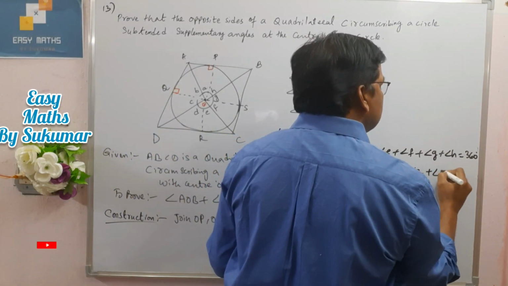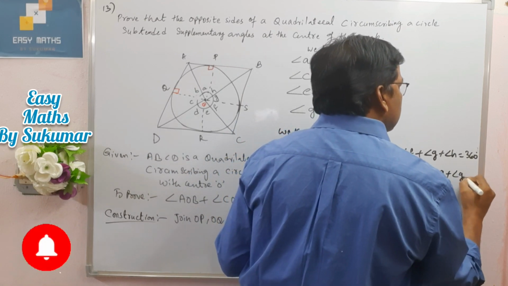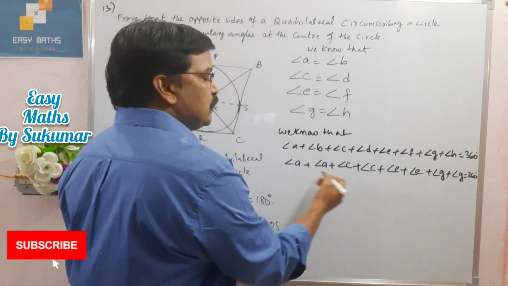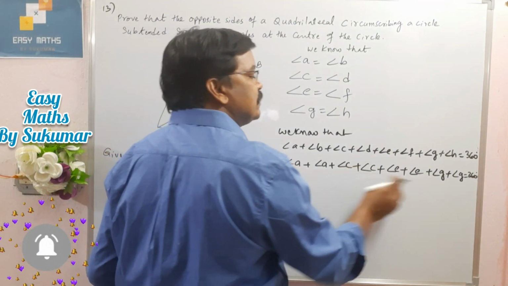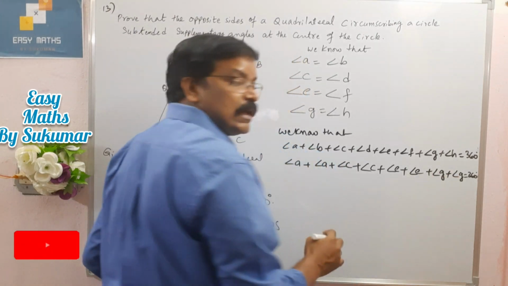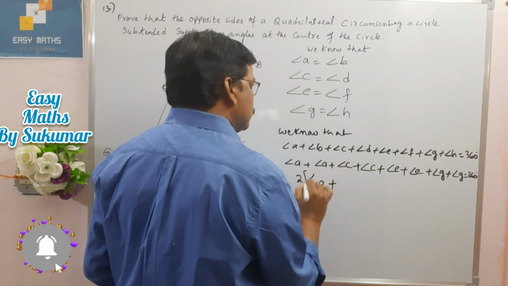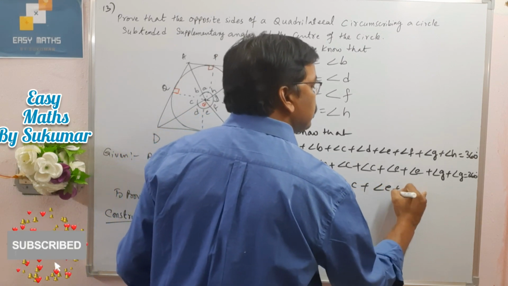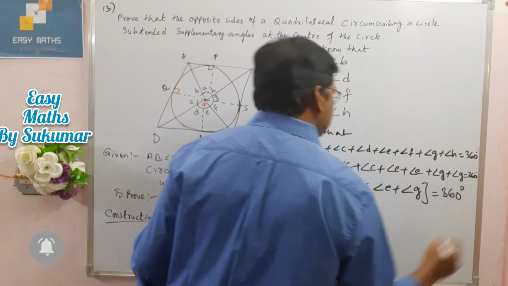And plus angle G, instead of angle H, again we write angle G. This sum is equal to 360 degrees. There are two angle A's, two angle C's, two angle E's, two angle G's. That means 2 times angle A plus angle C plus angle E plus angle G is equal to 360 degrees.